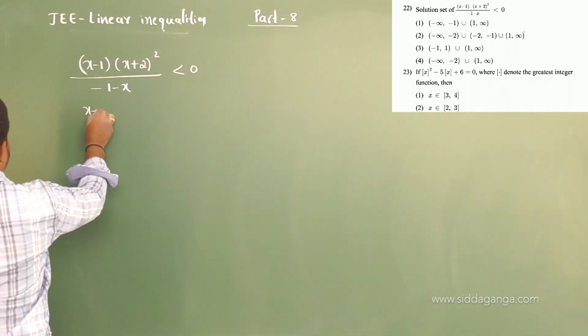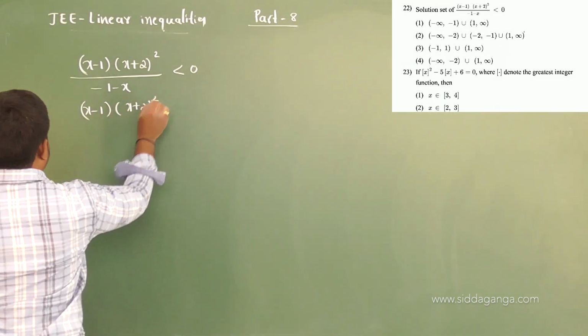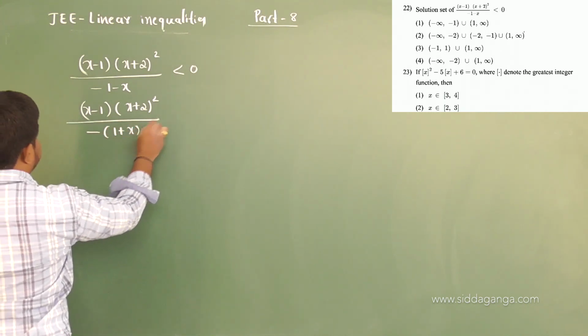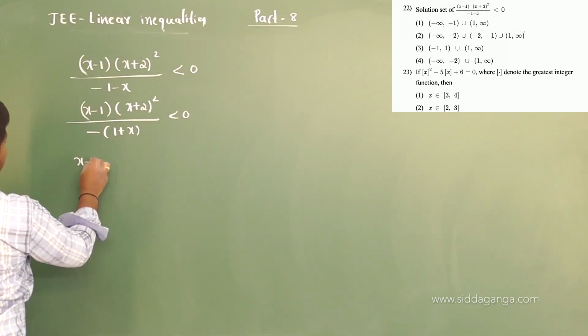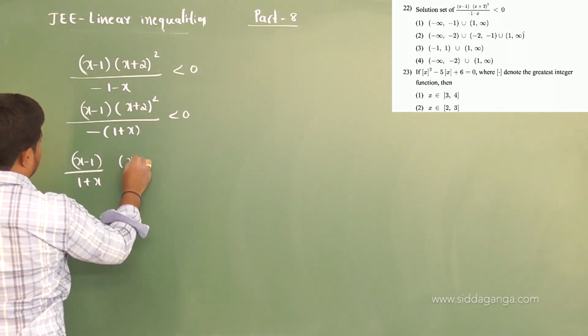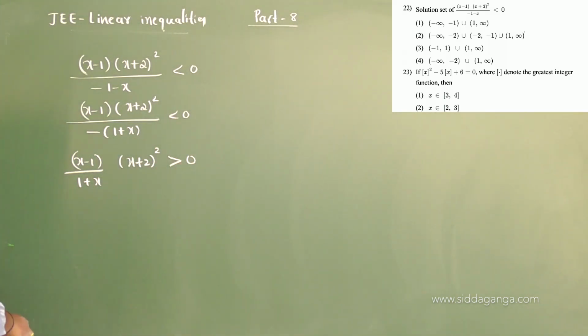Okay, now I can write this one, x minus 1 into x plus 2 whole square divided by minus of 1 plus x less than 0. So I am going to multiply by minus 1 on both sides, you get x minus 1 by 1 plus x into, I can rewrite this as, which is greater than 0 because I multiplied by minus 1. Minus 1 gets cancelled.